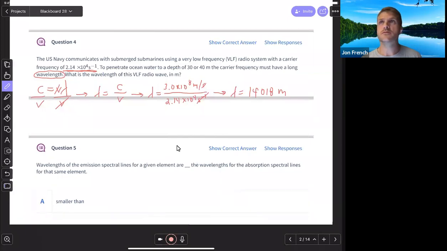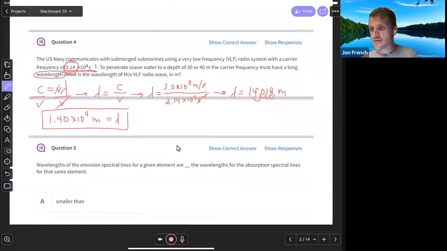So pretty close to between 8.5 and 8.8 miles, something like that. And then let's see, for significant figures, right? 3 sig figs again. So 3 sig figs would be 1.40 times 10 to the 4 meters would be our wavelength for question 4.